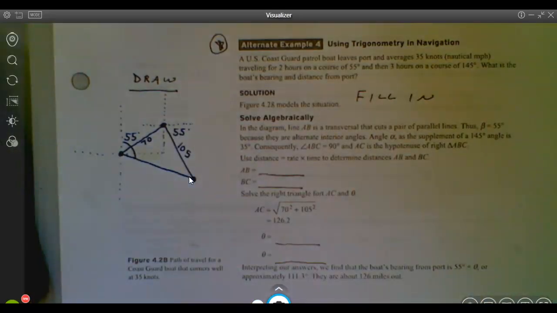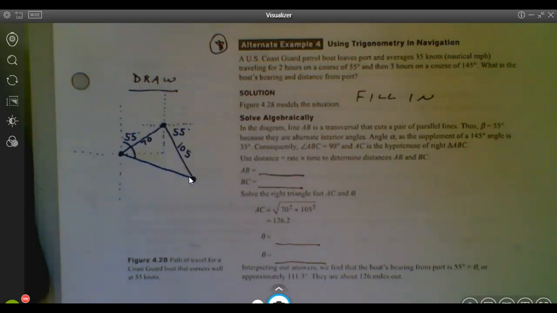So from the drawing that we have, we need to come up with a couple more angles. One thing they need us to see is that this, if we do the math, is a right angle. So I have a 90-degree angle right there. Here is why. A couple ways you could have figured this out. If you look at this northern line, which is parallel to this northern line, I do have some alternate interior angles right here.